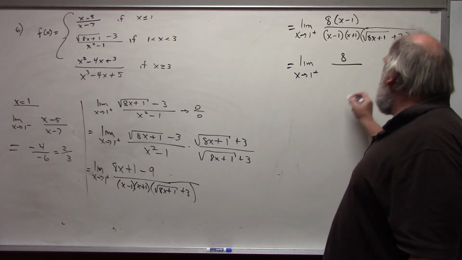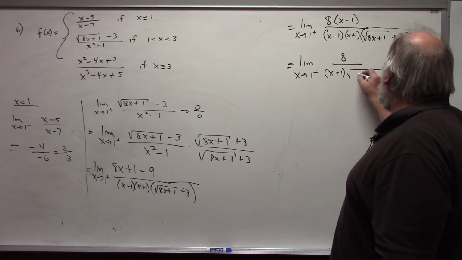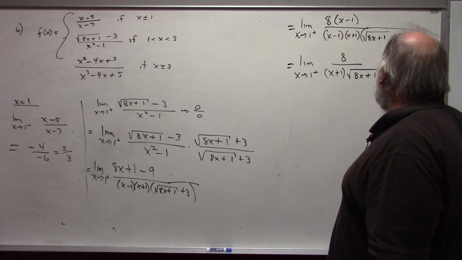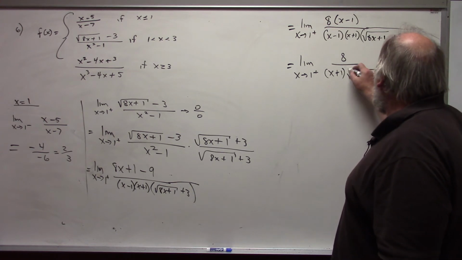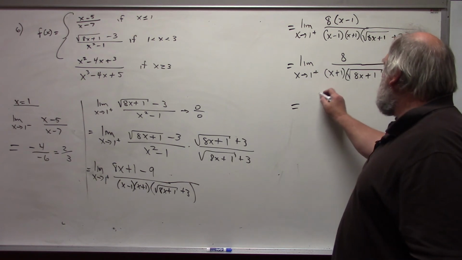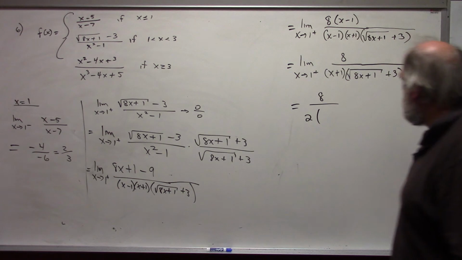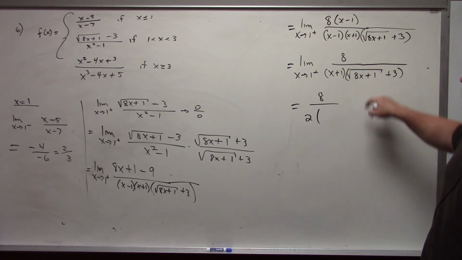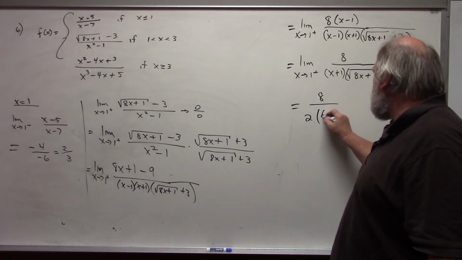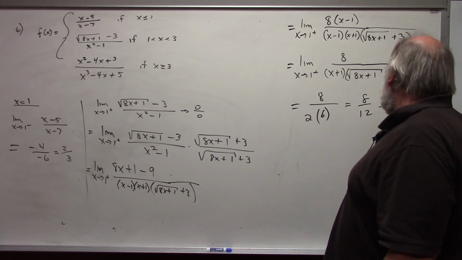I end up with 8 over x plus 1 times square root of 8x plus 1 plus 3, which finally gives us 8 over 2 times, as x approaches 1, this approaches 6, and so this becomes 8 over 12, which is 2/3.